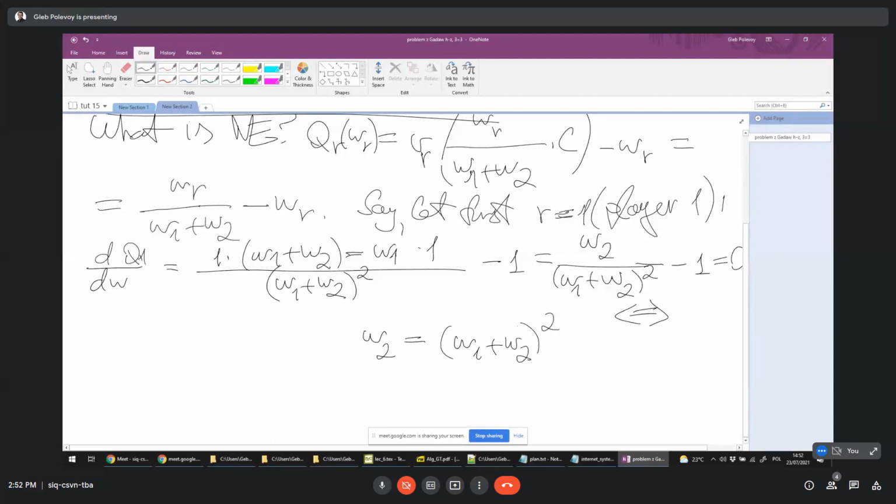We moved 1 to the right-hand side, multiplied by W1 plus W2 squared. Agree? Yes. Okay. So then we do the same for player 2.